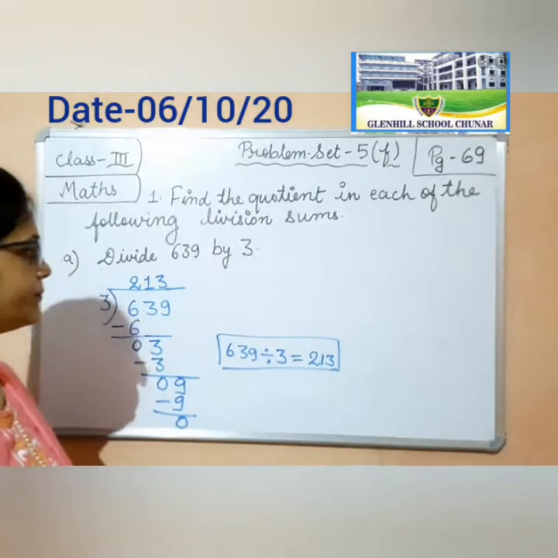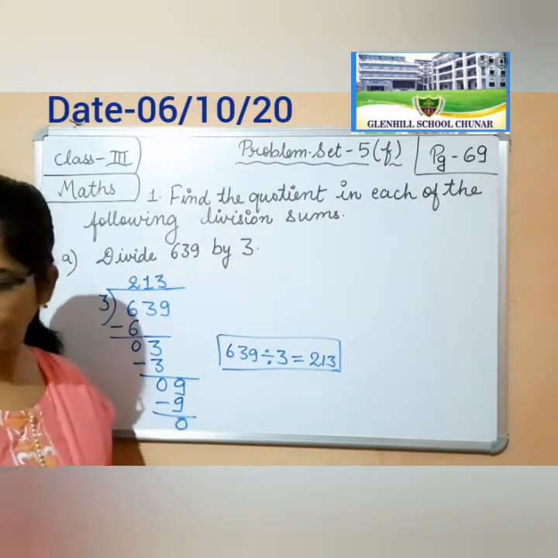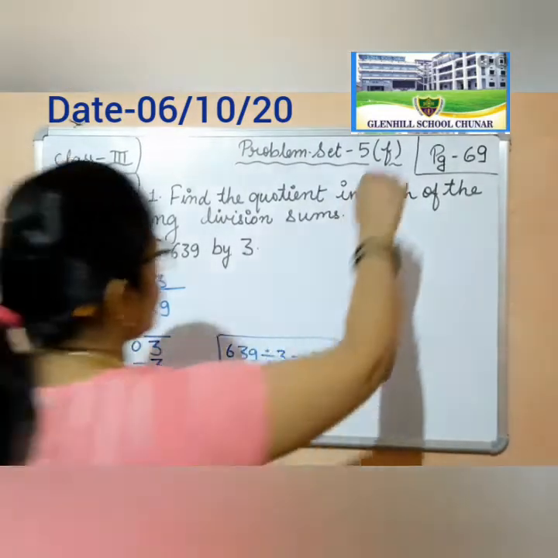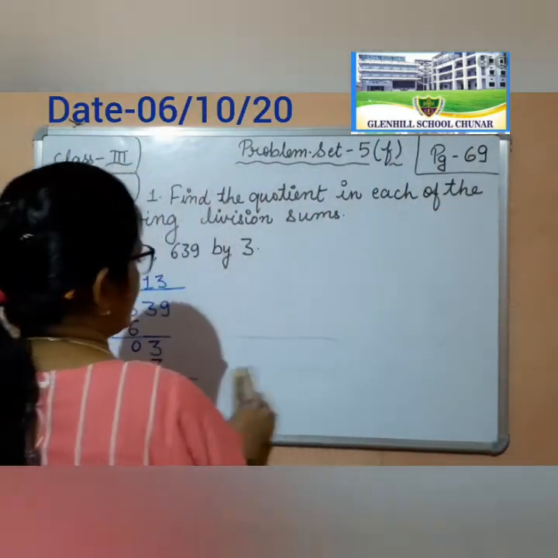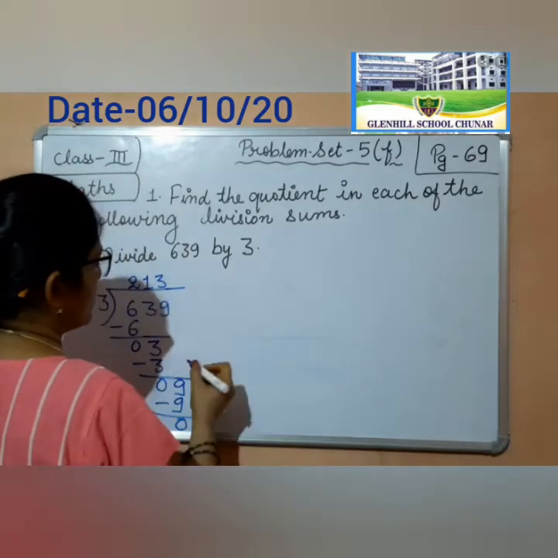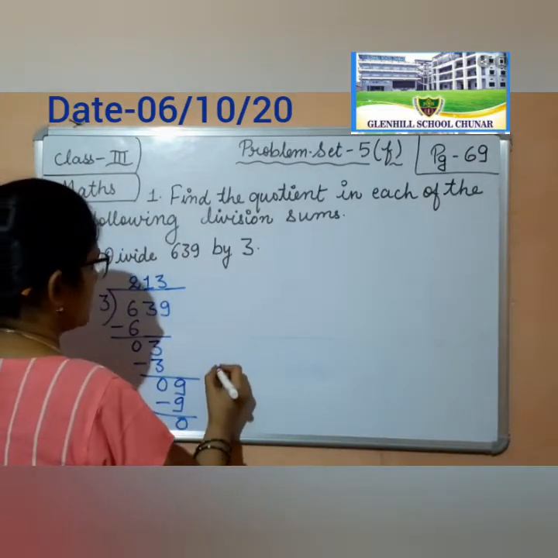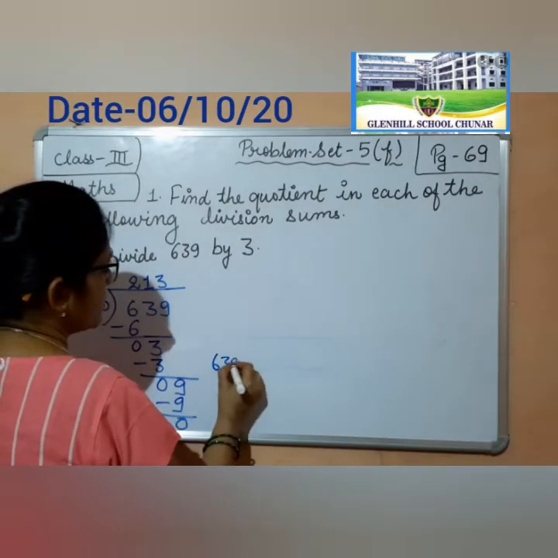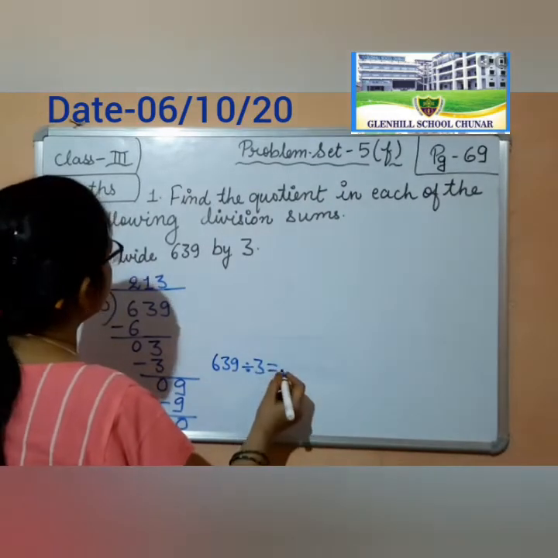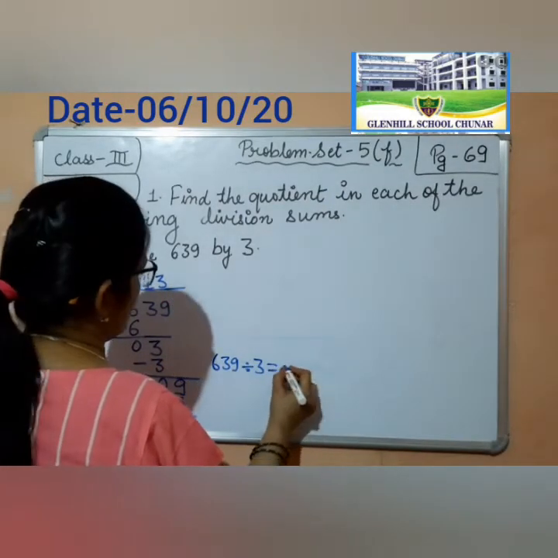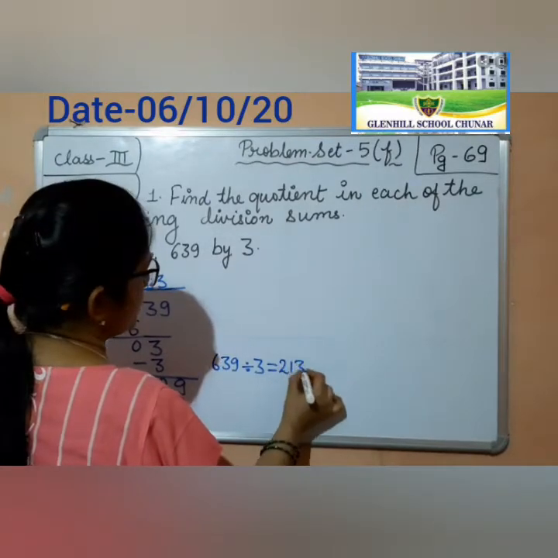Okay student, 639 divided by 3 is equals to 213.